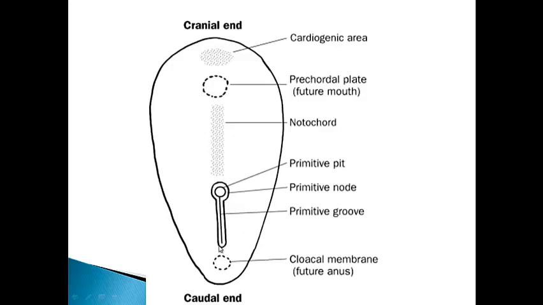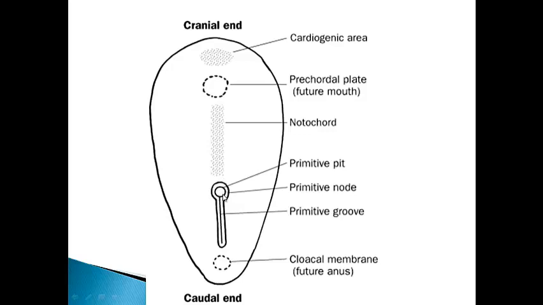So initially the primitive streak appears at the caudal end and it grows towards the cranial end. In terms of structure, remember it has an expansion at its cranial end, the end closer to the head, called the primitive node.